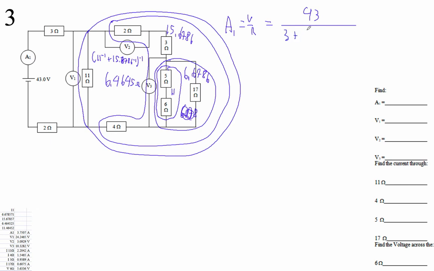Plus 6.4645 plus 2. So let's figure that out. 43 divided by left parenthesis 3 plus the number I just got plus 2 right parenthesis. That is 3.7507.